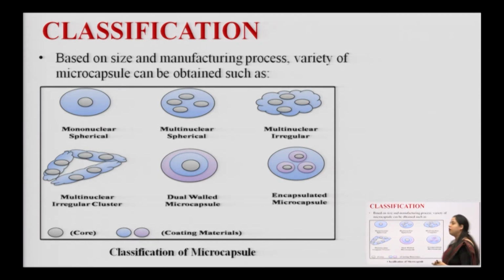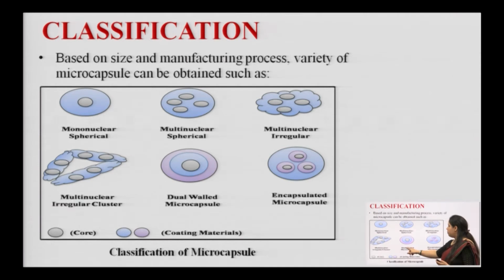The multinuclear irregular shape represents particles where the outer layer of polymer is irregular in shape, not spherical, and the multinuclear irregular cluster represents a cluster formation of polymer containing the drug particles within it. It is not uniform, but you can have this type of cluster during preparation of microspheres. Now, the dual walled microsphere represents the multi-layer coating of the polymer substance onto the core material.